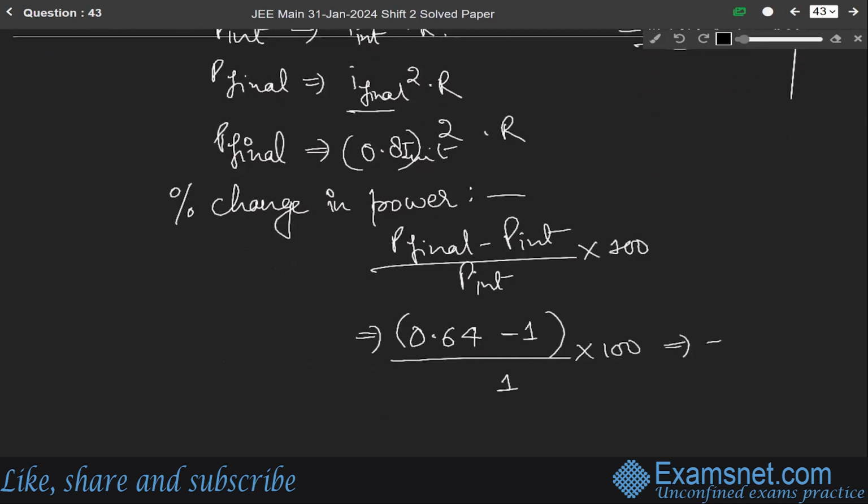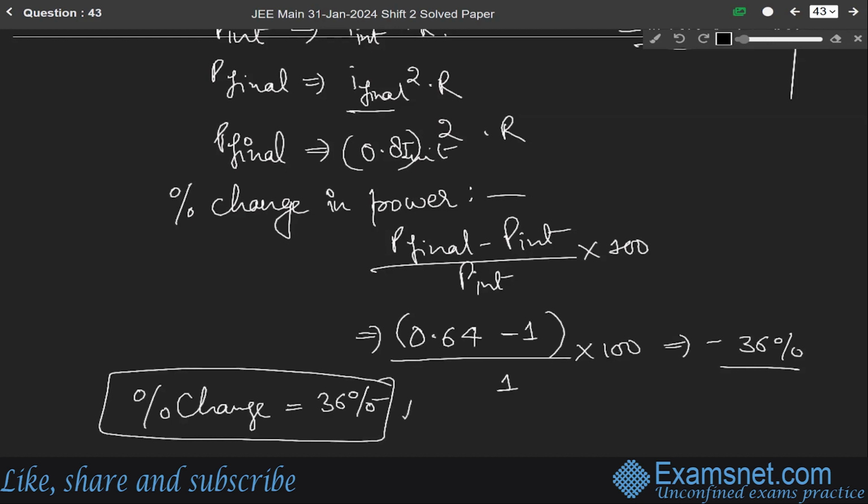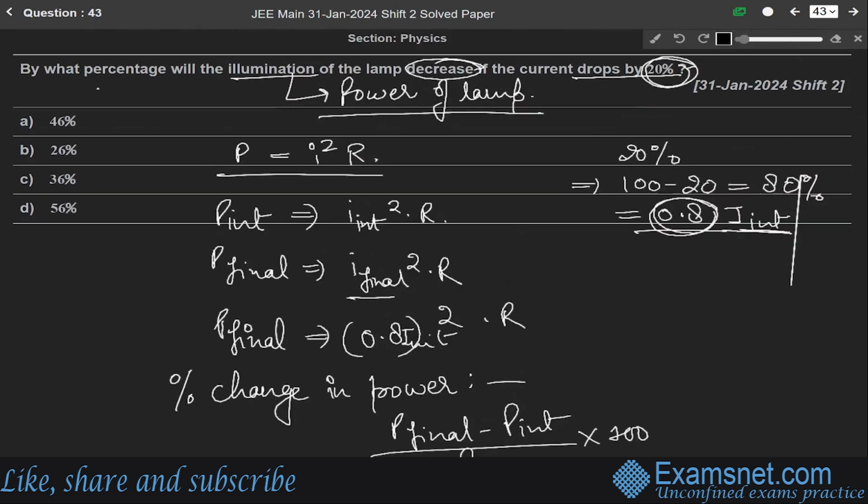So it will be minus 36%, meaning magnitude-wise the percentage change is 36%. This is our final answer. So the correct option is option C, 36%.